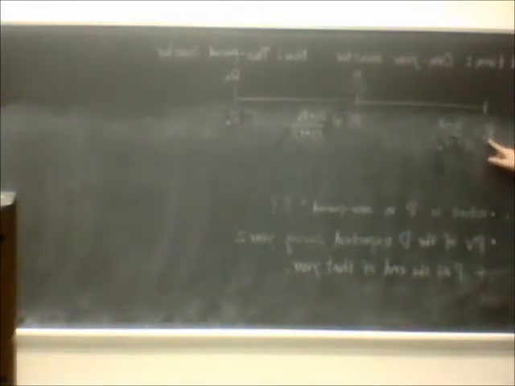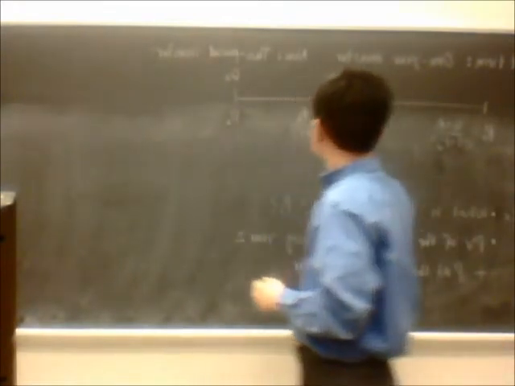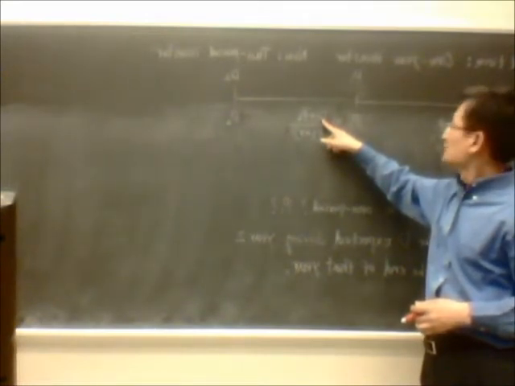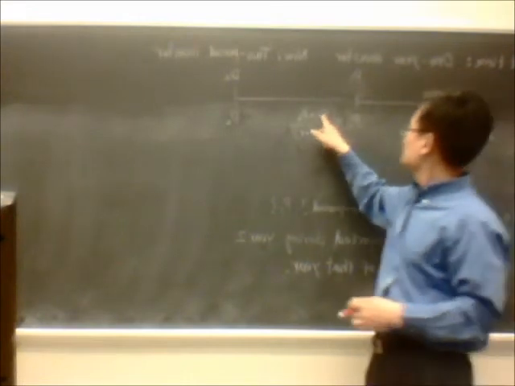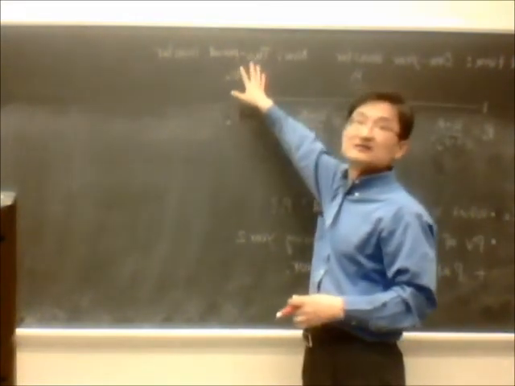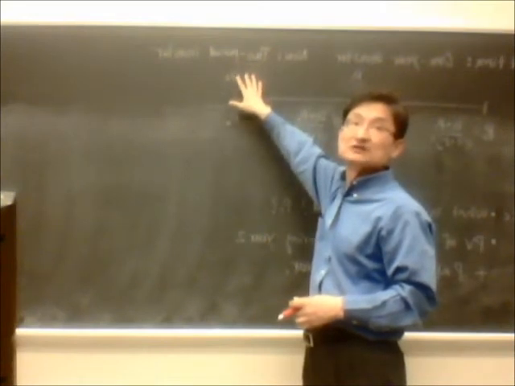P0 means the stock price right now. The value today is the present value of the cash flows you expect to receive.